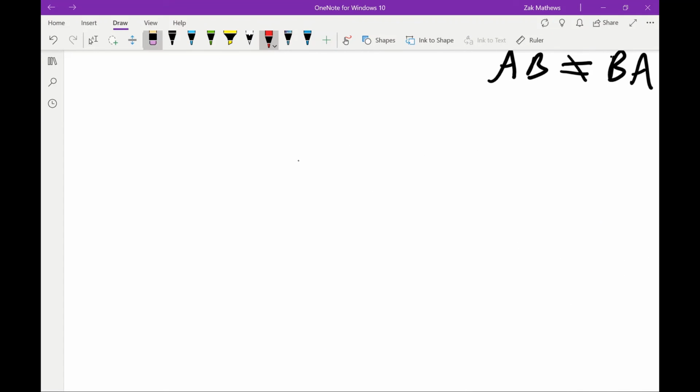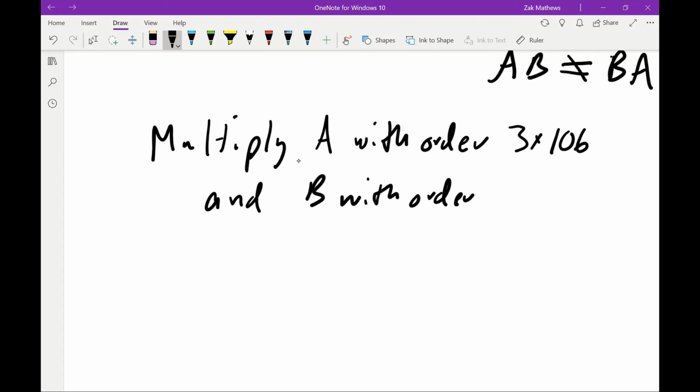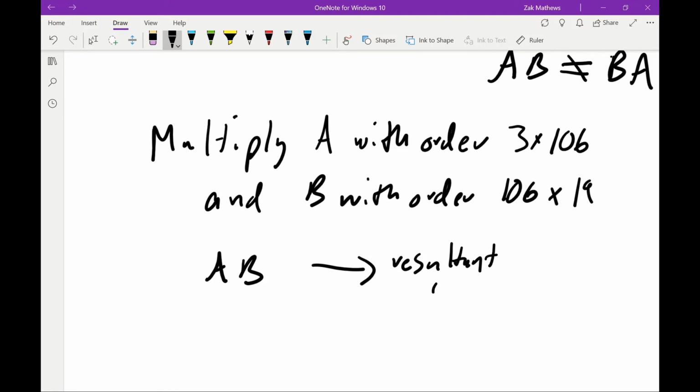So if I said multiply matrix A with order 3 by 106 and B with order 106 by 19, and we had A times B like this, that's going to tell us the resultant order must be a 3 by 19. The inner numbers matched, we would get these outer numbers.